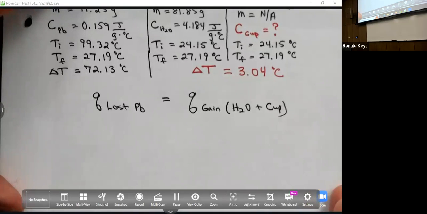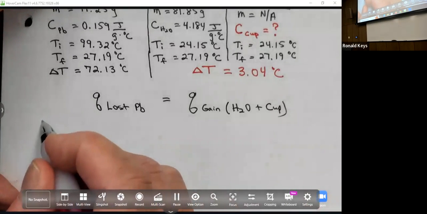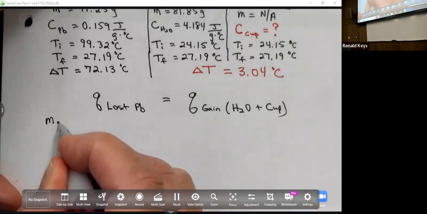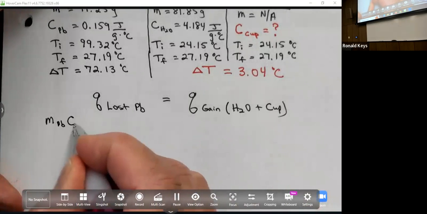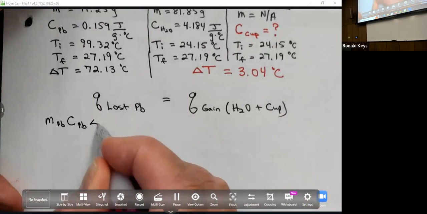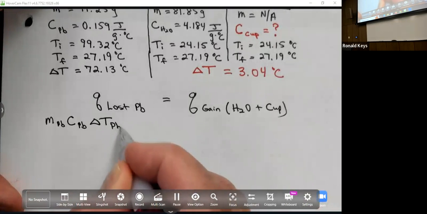Write this out. So this is going to be the mass of lead, specific heat of the lead, change in temperature of the lead, right?